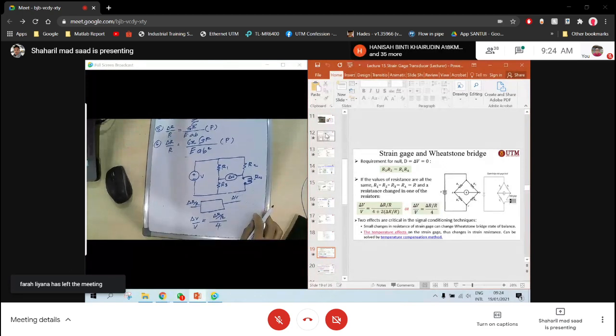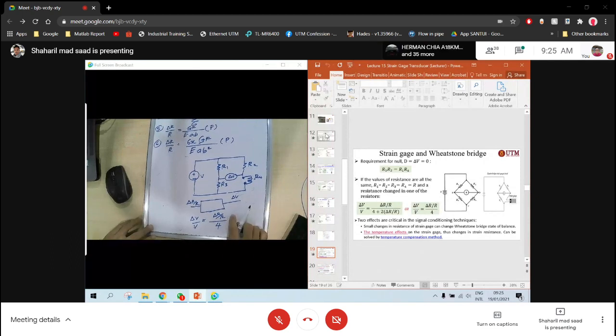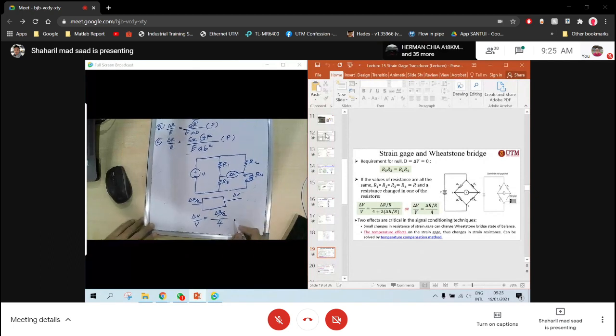Okay. Alright. So if you want to find the delta R over R here, we can find it. Delta V equals delta R over R times V over 4.